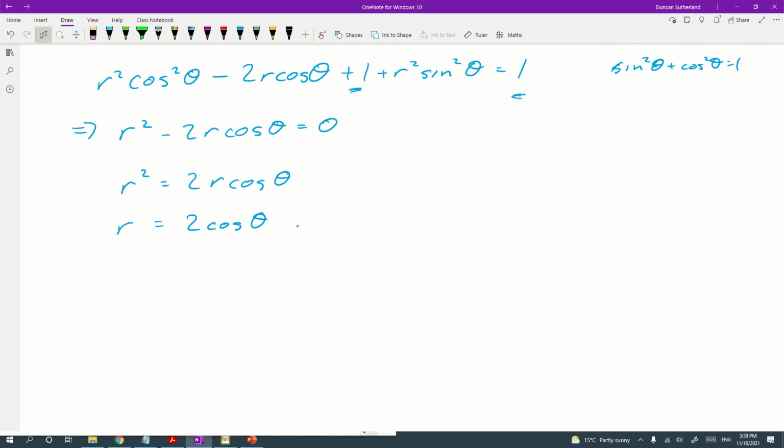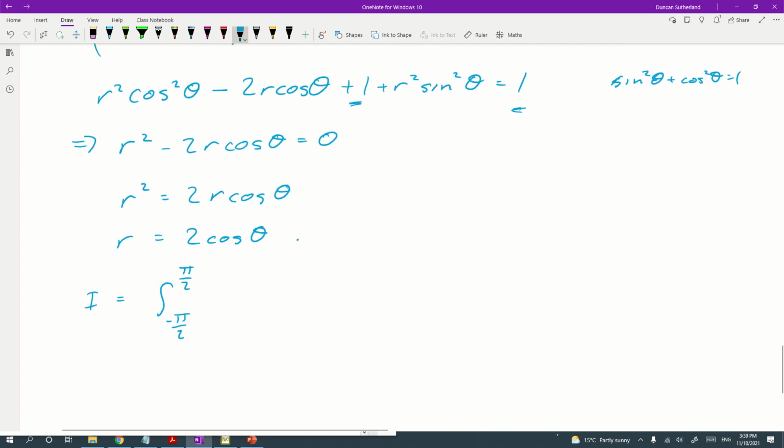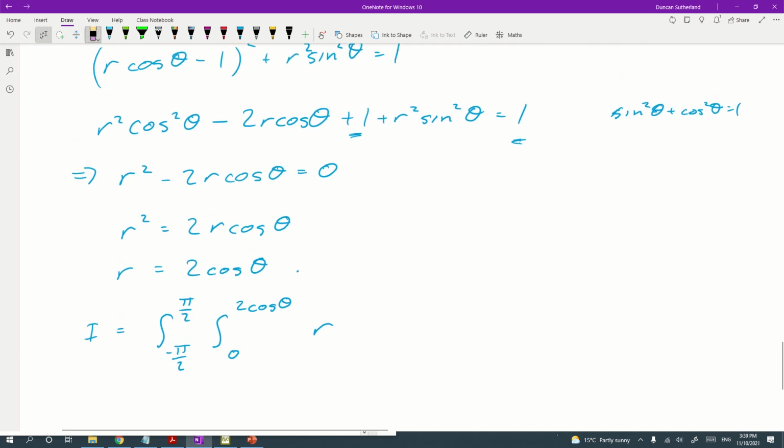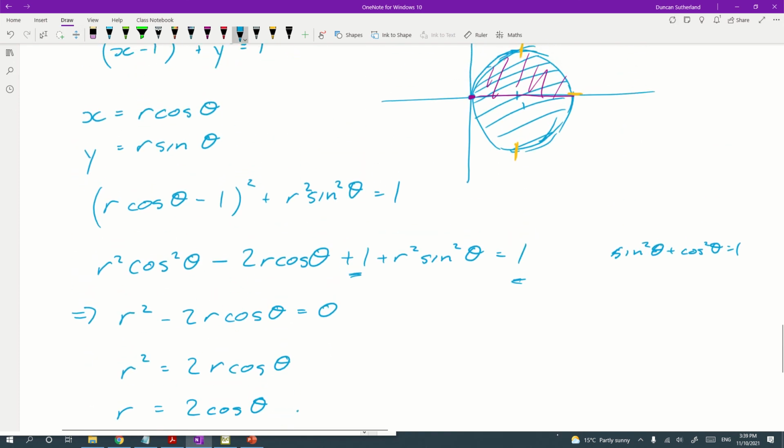So we set up our integral, I equals the integral from minus pi on 2 to pi on 2, and obviously the limits of this work out, 0 to 2 cos theta in r. We were given some function.